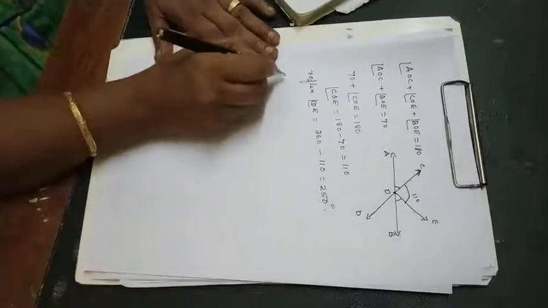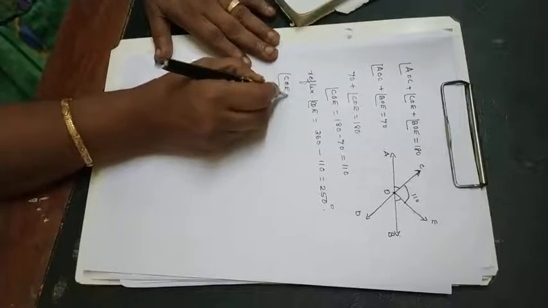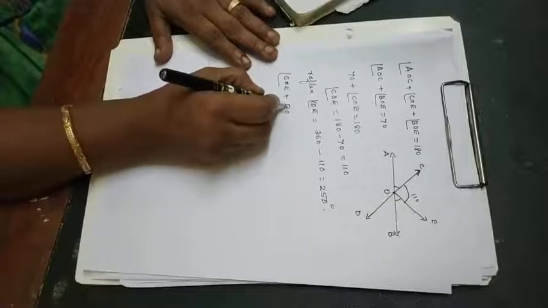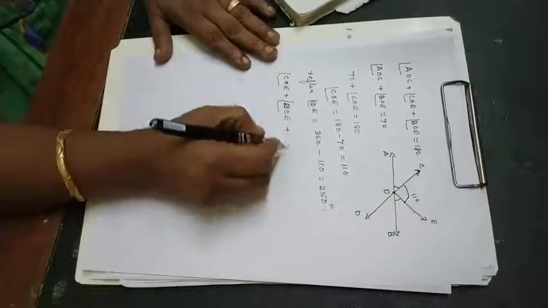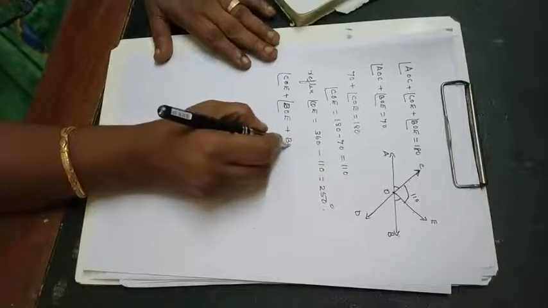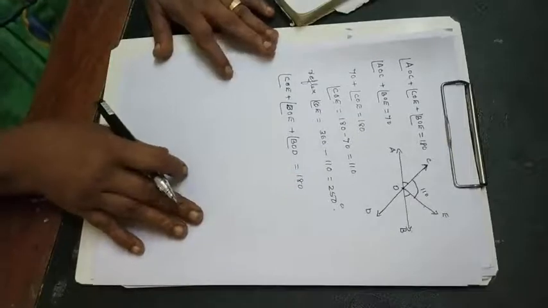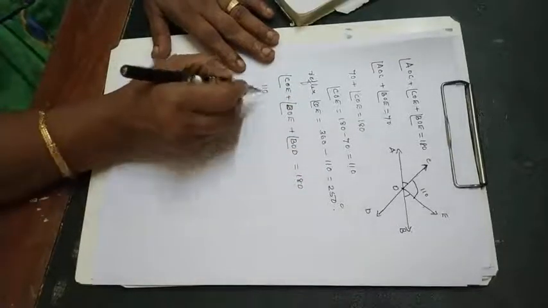Okay. So COE plus EOB or BOE, that we are to find out, then BOD, that is equal to 180 degree. And what is COE? COE is equal to 110.